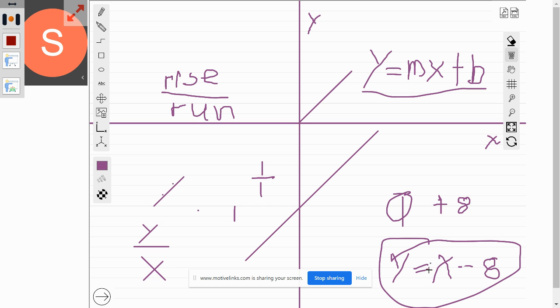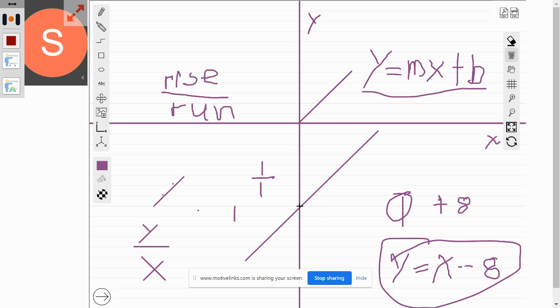There's nothing in front before x, so that's 1. Now, the slope of 1. Now the first thing we do is look at the y-intercept. Now that's -8. So you get down 1, 2, 3, 4, 5, 6, 7, 8 right there. So we're at -8 right now. And the slope is 1.